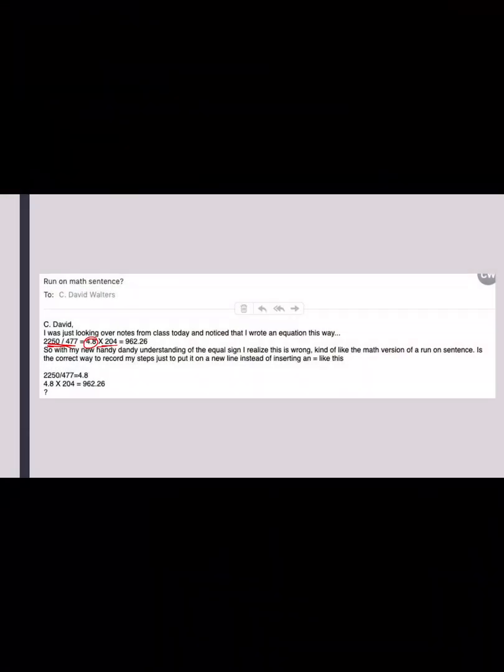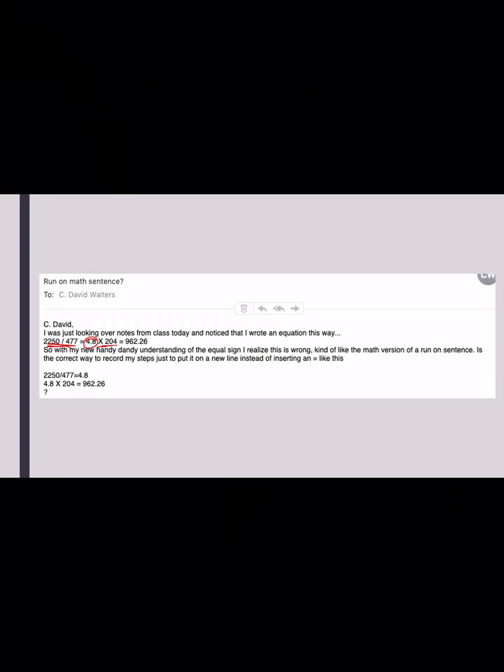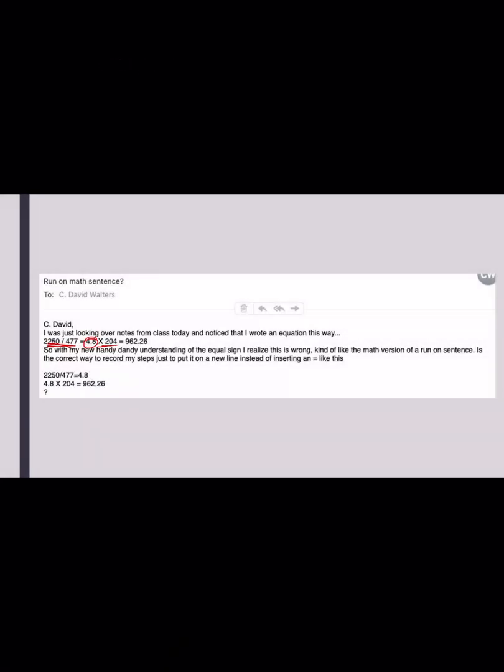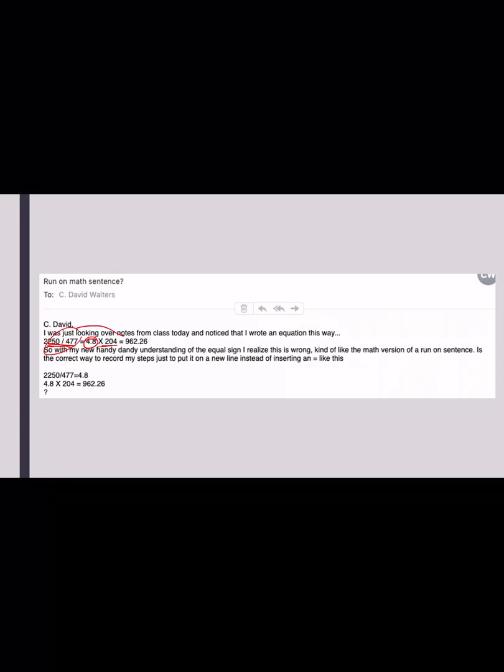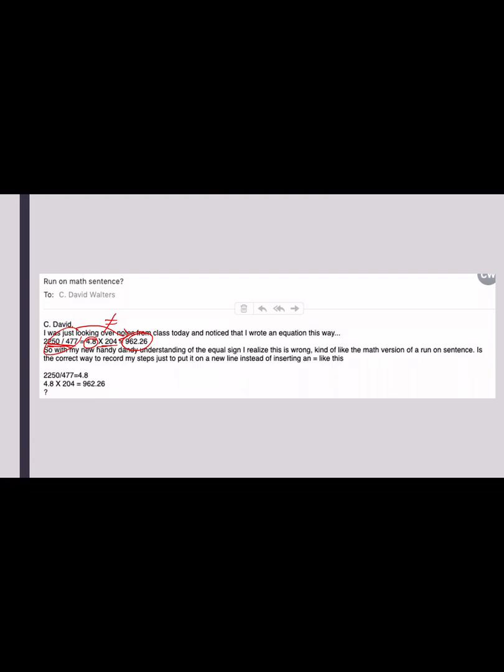And 2250 divided by 477 is not equal to 4.8 times 204, but just 4.8. Okay, and 2250 over 477 is definitely not equal to this part of the expression over here. Not equal. Okay, that 962.26.